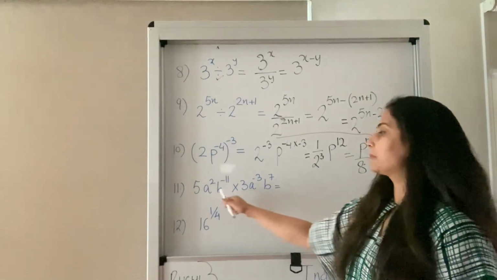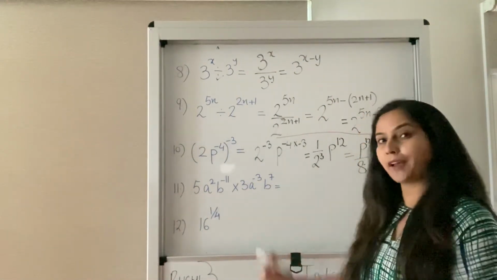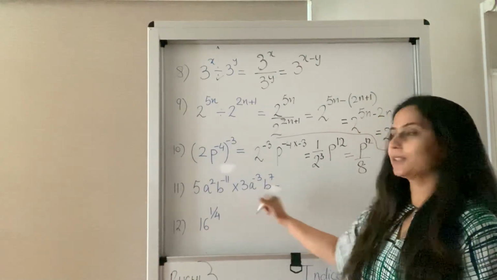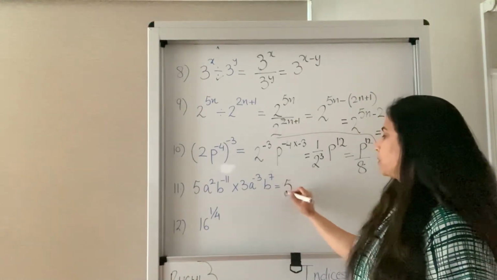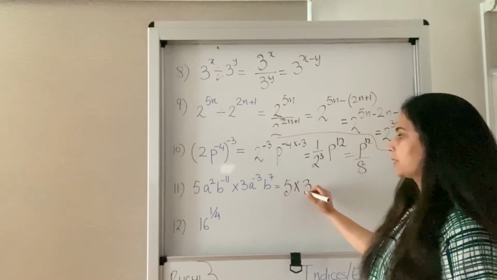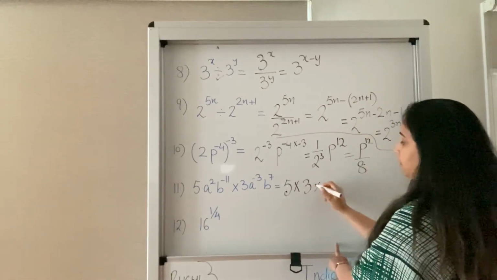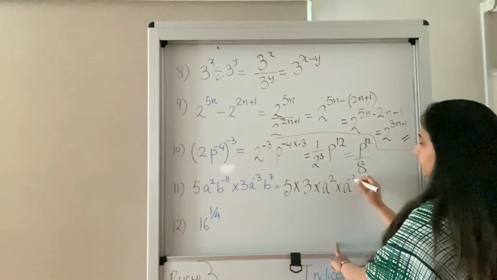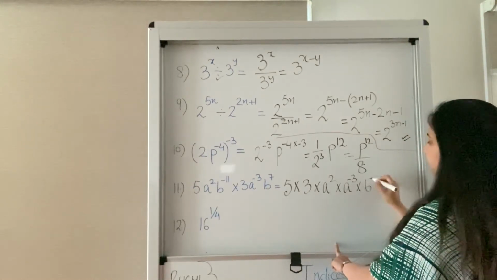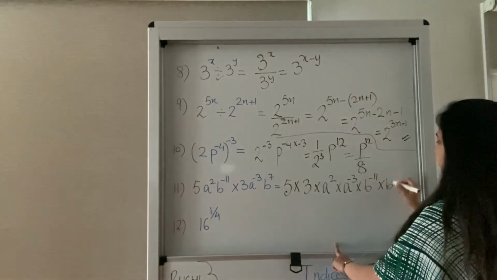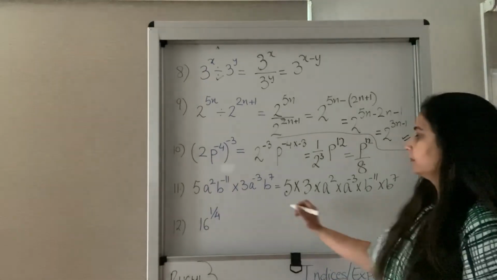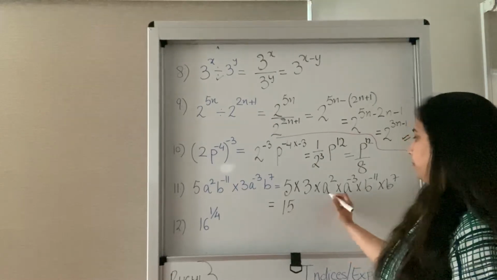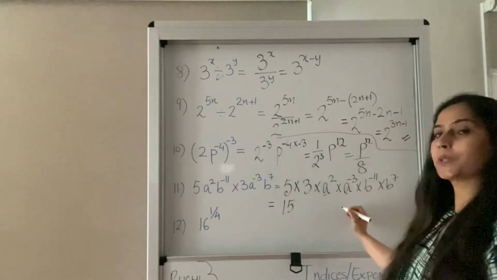And now when we multiply these two, to simplify further, the number is multiplied to number. So if you want, you can write 5 times 3 separate, and then a terms together, then b terms together. Now 5 times 3 is 15. Then because they are the same base, the powers are added.